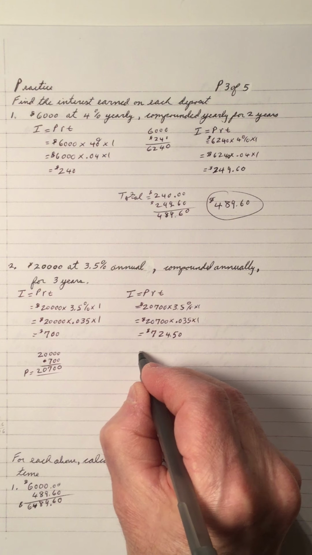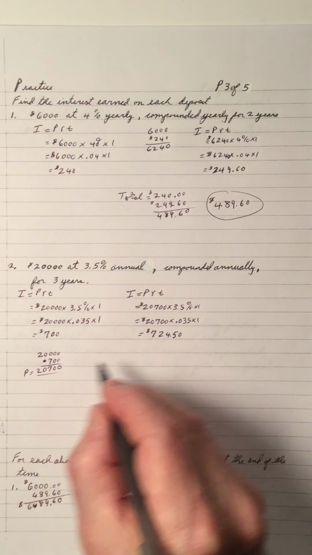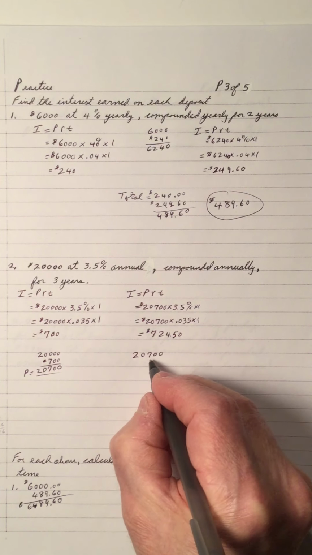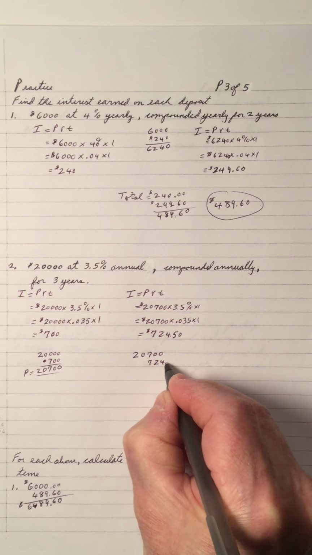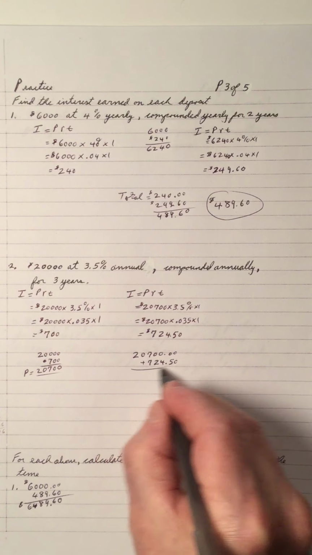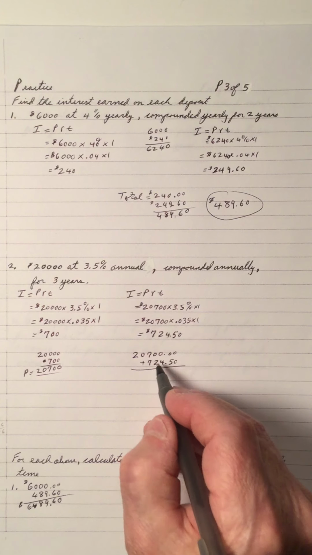So now we have the principal that we started off with in the second year. The amount of money we had in the bank was $20,700. So we'll now put $724.50 added on to that. So this is the principal at the beginning. This is the interest we got to add on.